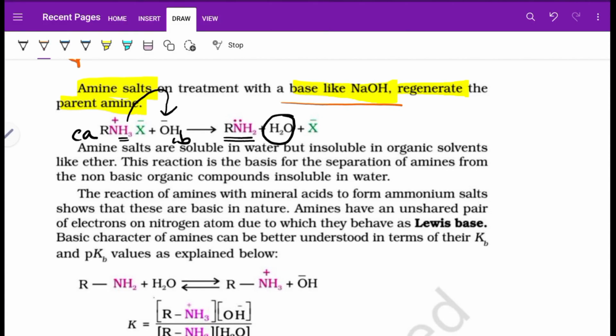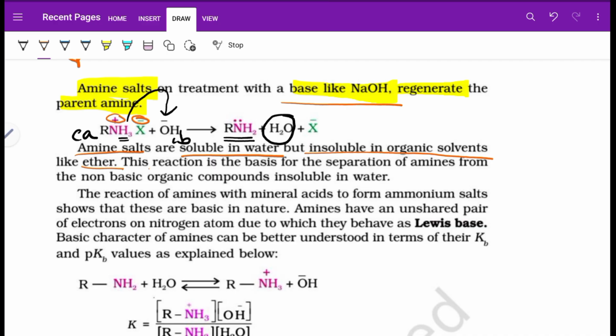Amine salts are soluble in water. The reason is their polar nature, the positive and the negative ions, on account of which they obtain a polar nature, and hence they are soluble in water and insoluble in organic solvents like ethers.